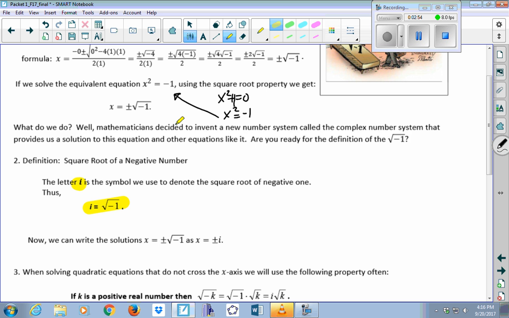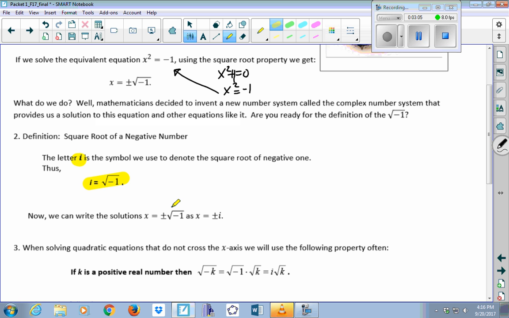So if we go back and look at our solution to that first quadratic equation, x squared plus 1 equals 0, or the equivalent equation, x squared equals -1, we now can replace the square root of -1 with i.